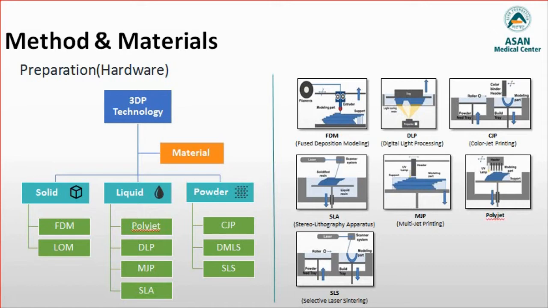The liquid-based 3D technology of SLA has been the most widely used 3D technique for surgery, since it was first applied for grafting a skull defect in 1994. The SLA system consists of a bath of photosensitive resin, a model building platform, and an ultraviolet laser for curing the resin.